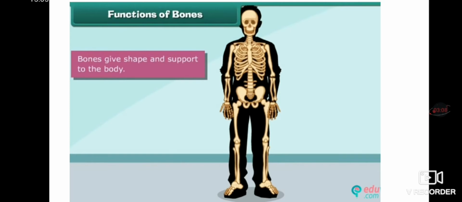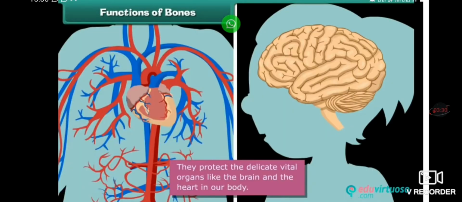A very important thing is, if there is no bone, then what will happen? We will look like a jelly. Right? So bones give us shape and support. When we sit, when we stand up, when we bend, all these functions are performed with the help of bones.